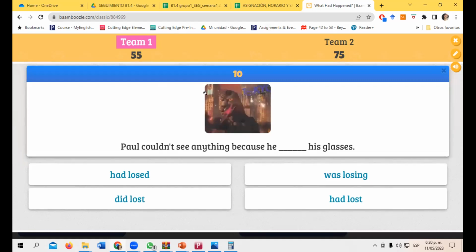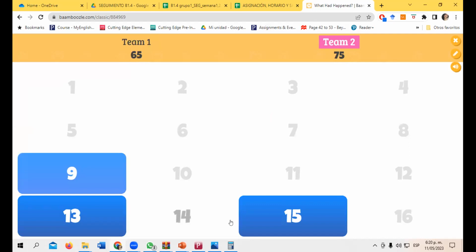Teacher. Had lost. Had lost, option D. Yes, it's correct. He had lost his glasses. Había perdido sus gafas.